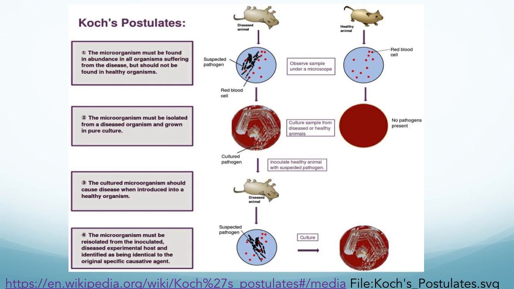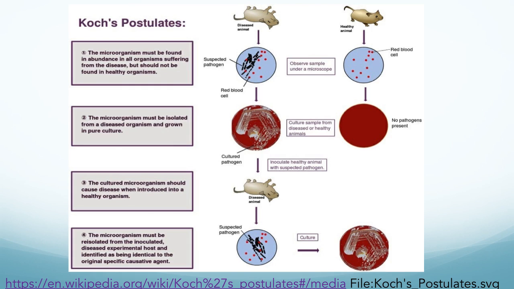The healthy animal should show the symptoms, and the bacteria which was isolated in step 2 should be isolated in step 4, that is from the experimentally infected animal. While a healthy animal should not show the presence of the bacteria at any time in the blood.